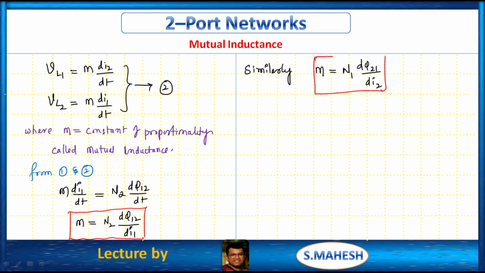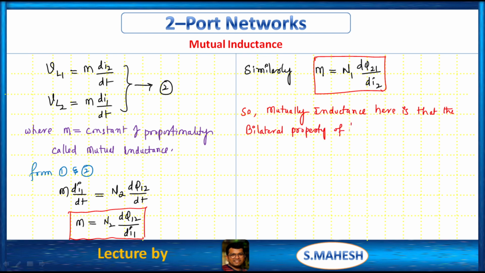This is another set of equations. So here the mutual inductance is the bilateral property of the linked coils.